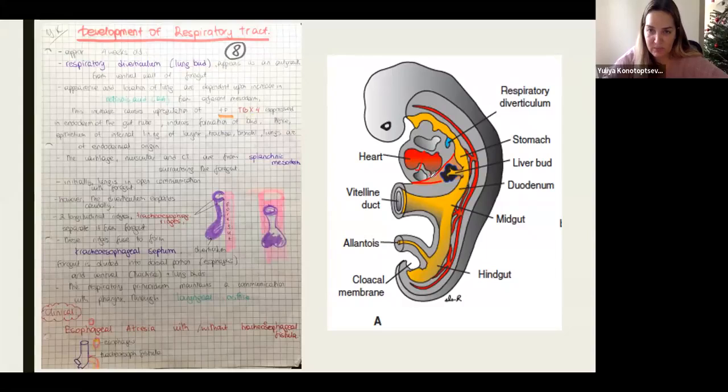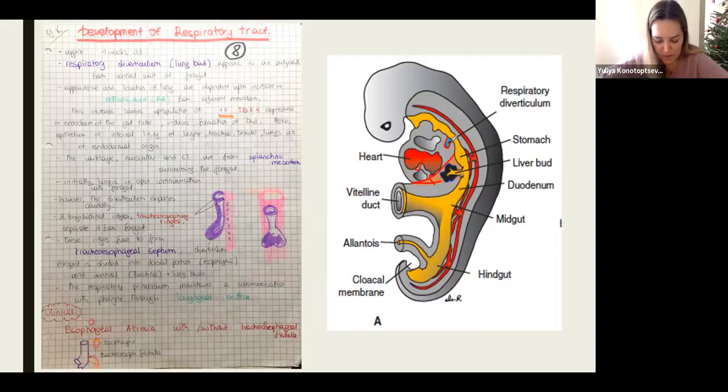We just said that septum transversum participates in making the diaphragm, so don't forget that. So the little blue thing is the outgrowth of the endoderm of the foregut, from which the entire respiratory system is going to arise. Do not forget that outside of it there would be a visceral mesoderm as well. So right on the surface of the respiratory diverticulum, there would be a visceral mesoderm.